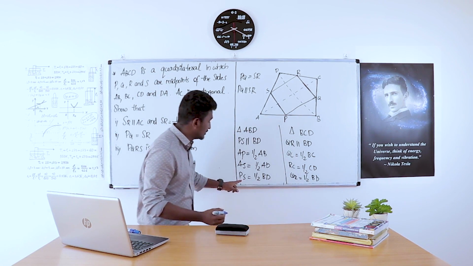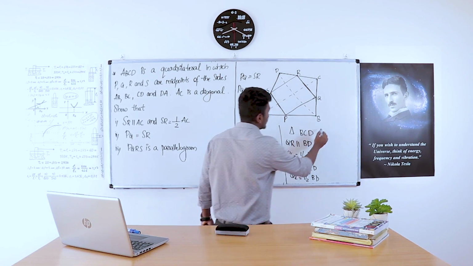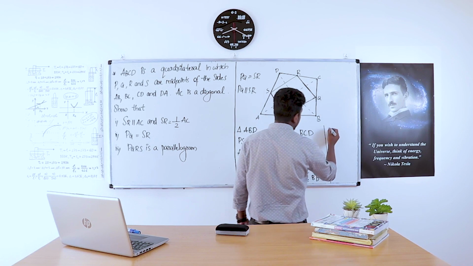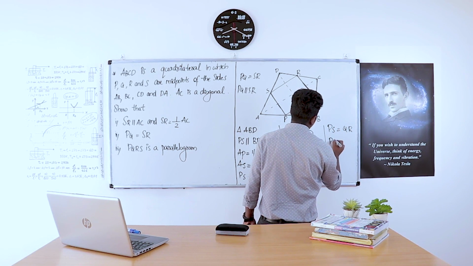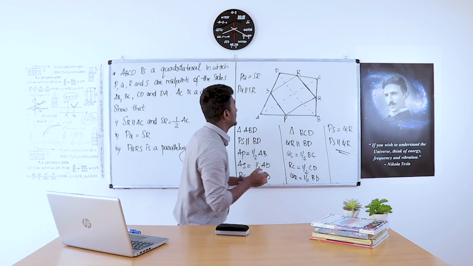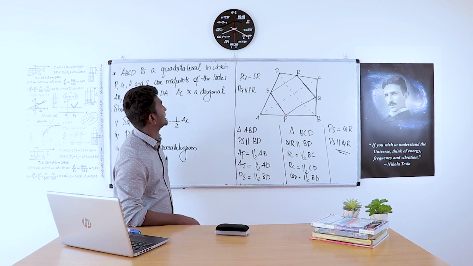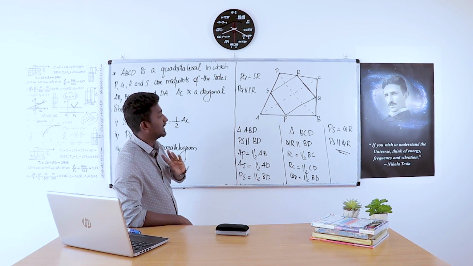So now look at the values. PS is equal to half of BD and QR is also equal to half of BD. Then we can say that PS is equal to QR and also PS is parallel to QR. Now look at both the conditions. PQ is equal to SR and PQ is parallel to SR. That means opposite sides are equal and parallel.